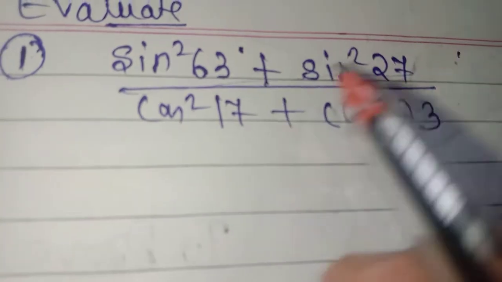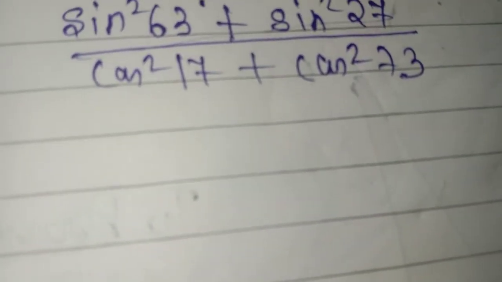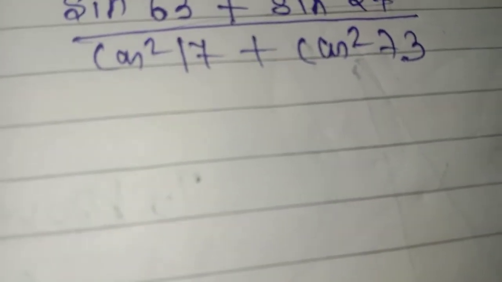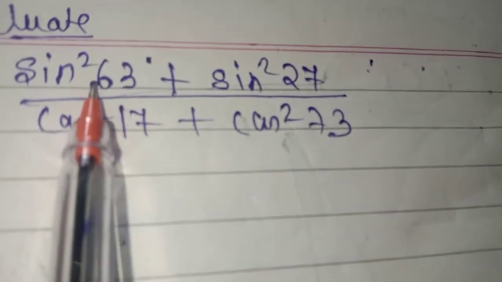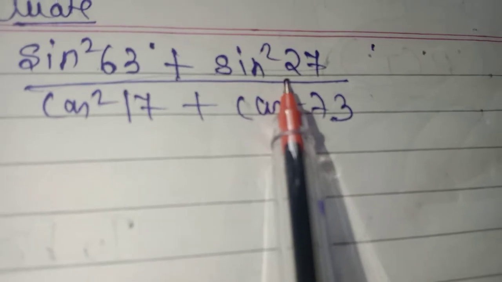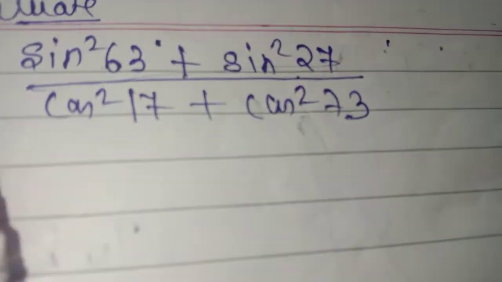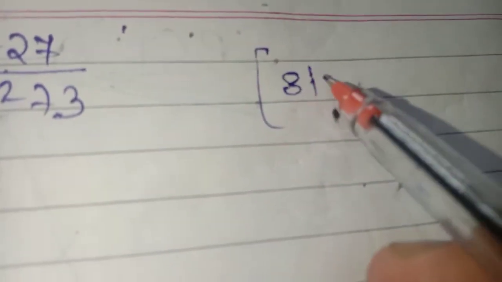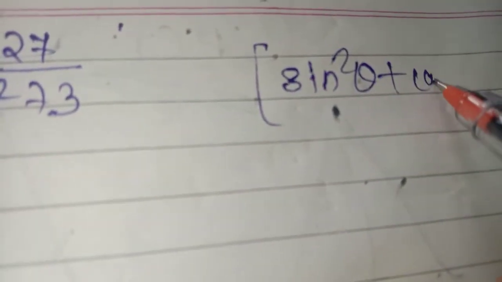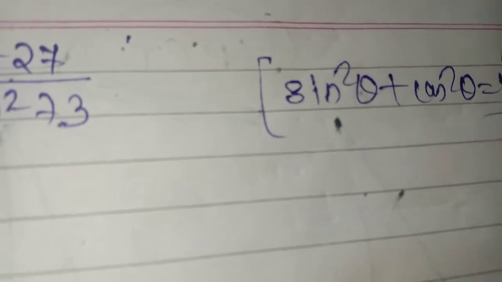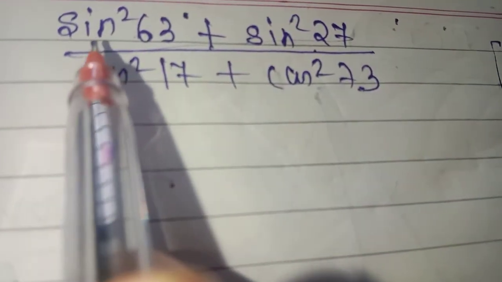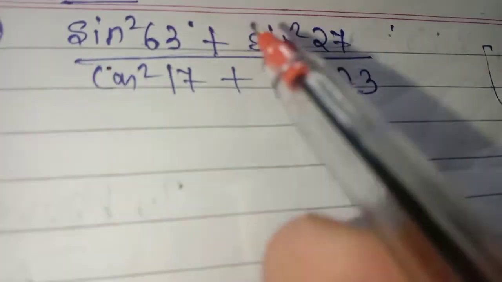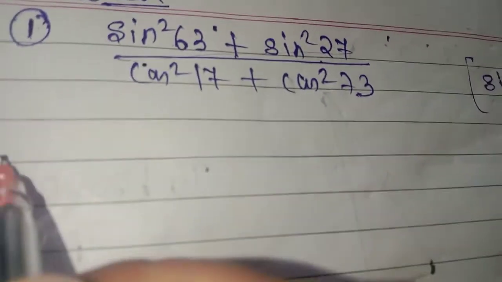It is in degrees. What you can do is either convert both sin into cos, so all the terms will cancel, or try to convert into the form sin square theta plus cos square theta is equal to 1. Depends on you. Here I am converting sin into cos. So the solution now.